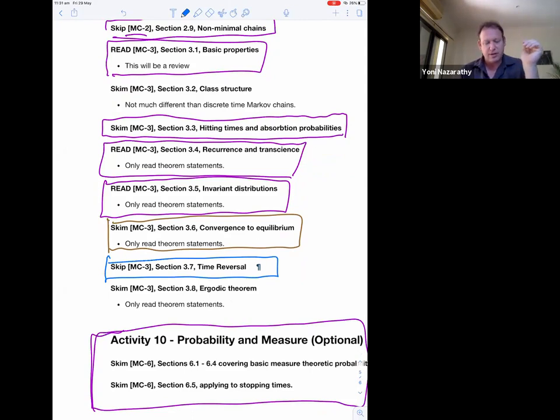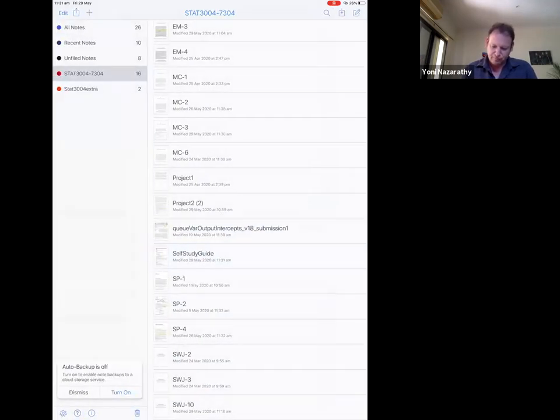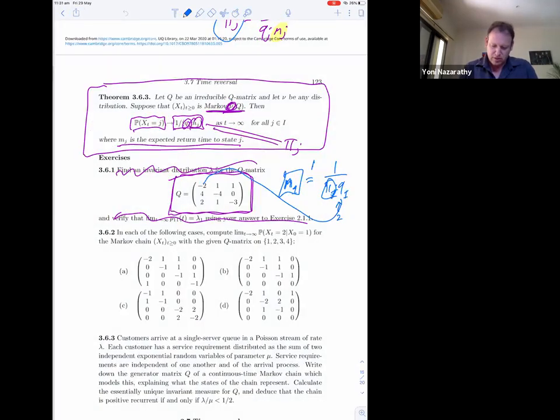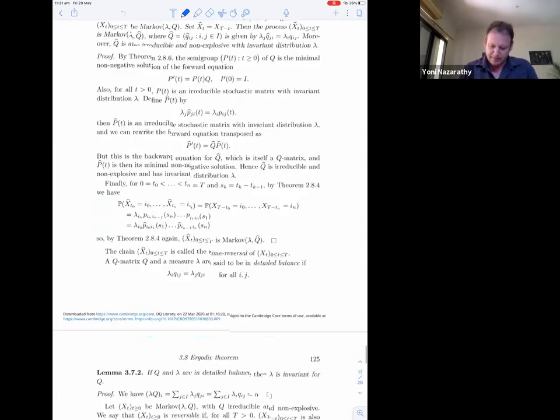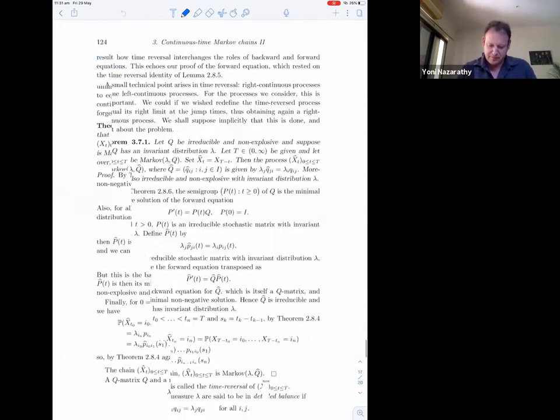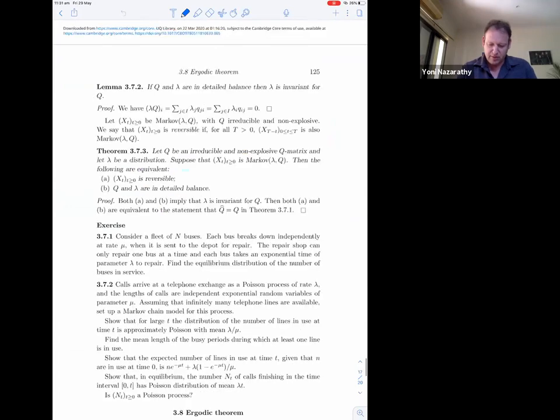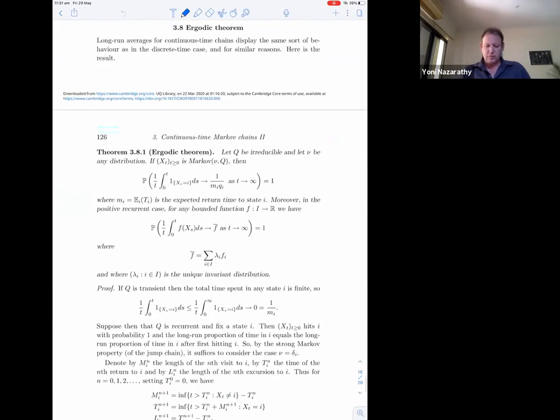Specifically, that holds for birth-death continuous time Markov chains. And we're going to our last section, MC3, the ergodic theorem. So we're skipping time reversal and going to the ergodic theorem.